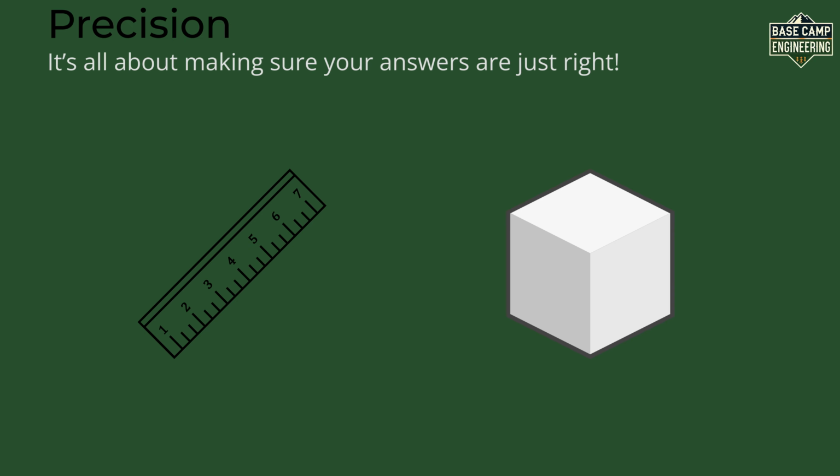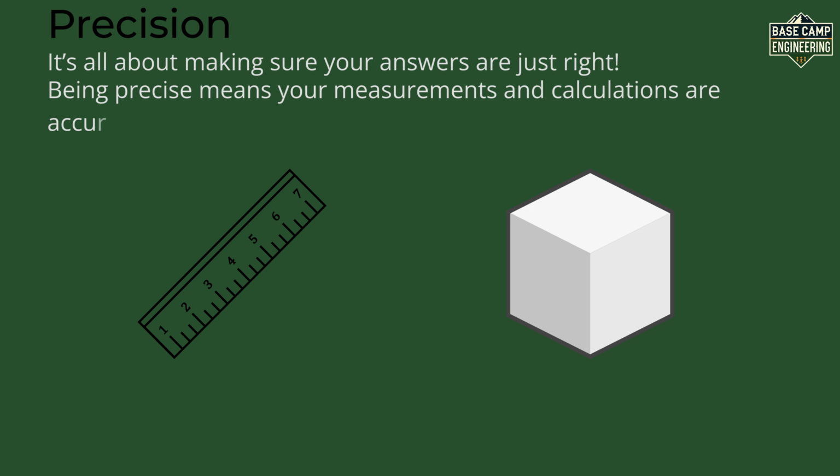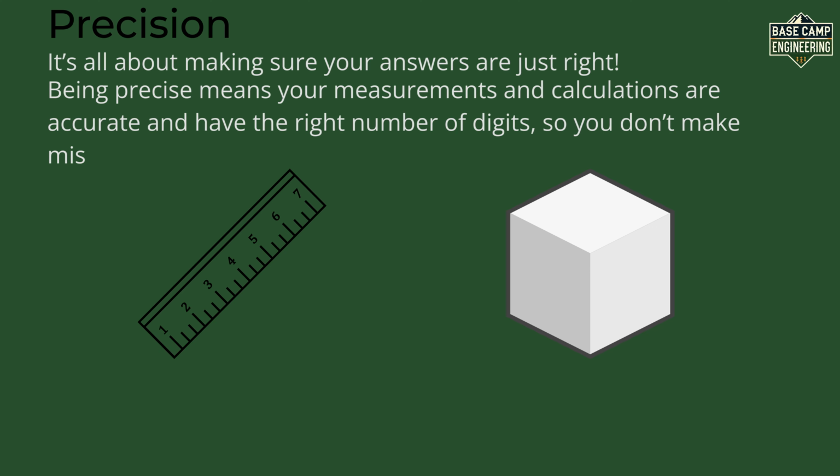In engineering, being precise means your measurements and calculations are accurate and have the right number of digits, so you don't make mistakes. If you are too precise or not precise enough, your answer might look wrong, even if the math is correct. Let's make it easy with some examples, and I will show you how to be precise step by step.